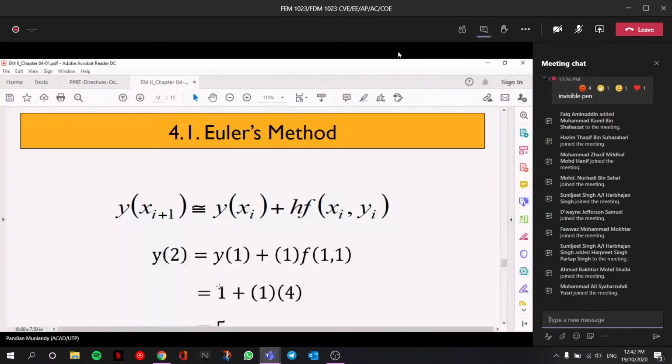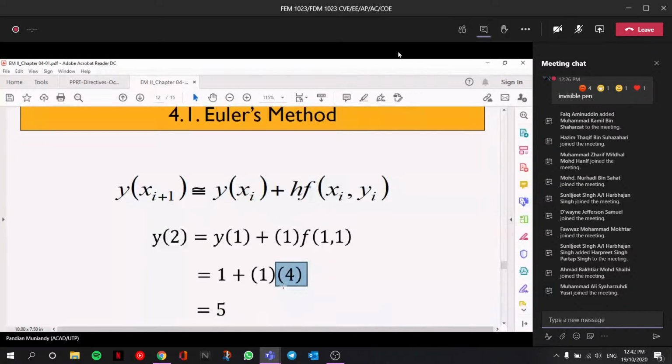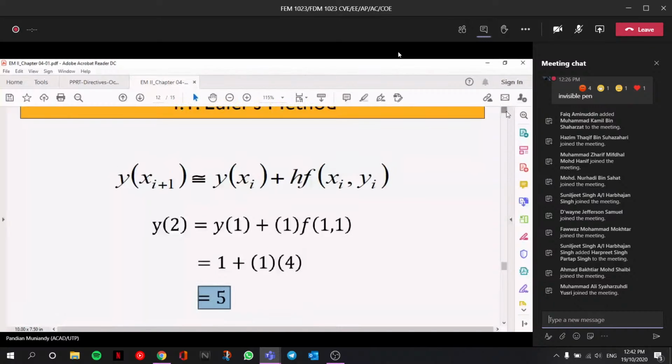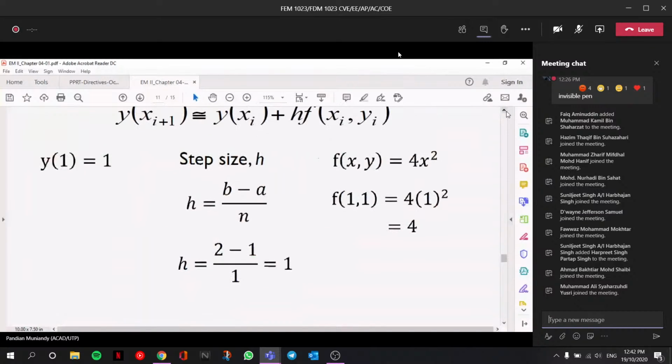So y1 is 1, given. H is 1. f(1,1) you already calculated as 4. So 4 multiply 1, 4. 4 plus 1, 5. So this is the answer. So y2 is 5.